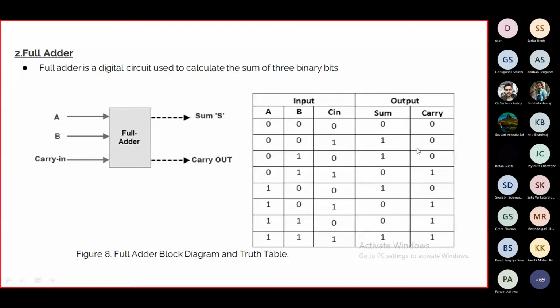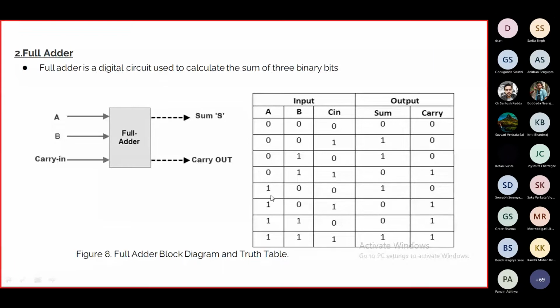When we take input 0, 1, 0, 0 plus 1 becomes 1, and 1 plus 0 becomes 1, so sum is 1 and carry is 0. When we take 0, 1, 1, 0 plus 1 becomes 1 and 1 plus 1 becomes 2, which in binary is 1, 0. So here 0 is the sum and 1 becomes the carry.